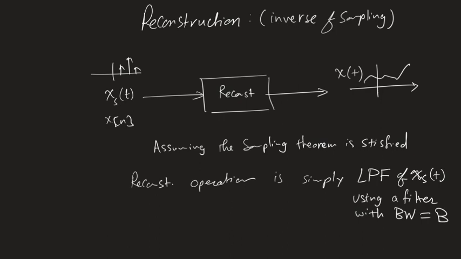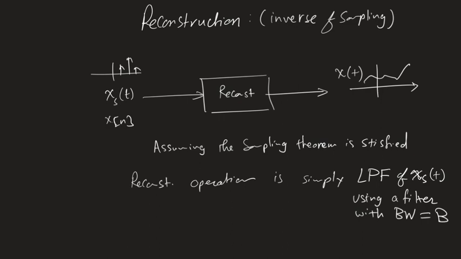So far, we have looked at how to perform the sampling operation itself, and then what are the conditions for that sampled signal to represent uniquely the original continuous time signal without loss of information, and that comes under what's called the sampling theorem.